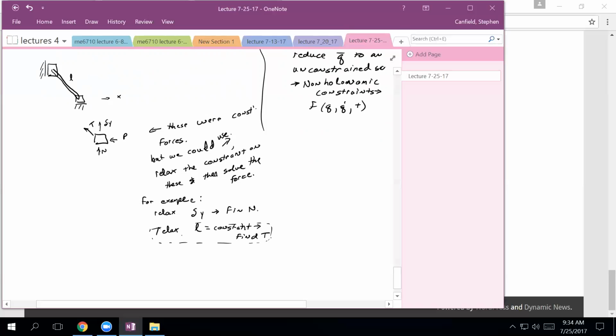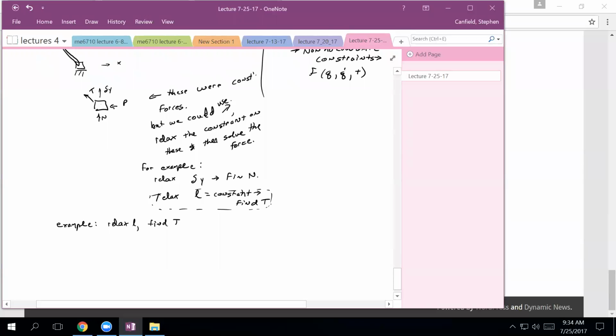We're going to relax L to find the tension T. If we were to relax it, that means now I can think of this block moving with 2 generalized coordinates. I can move in some generalized variation in X and some variation in Y.